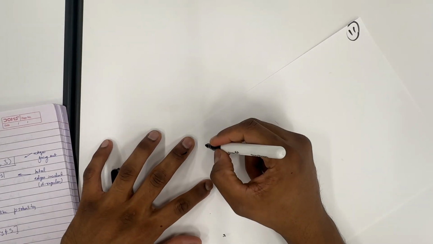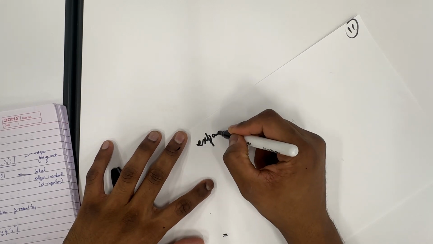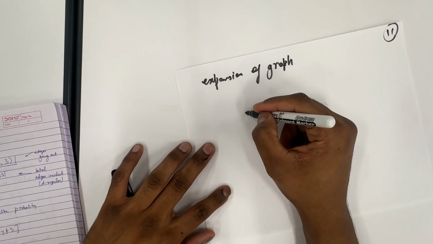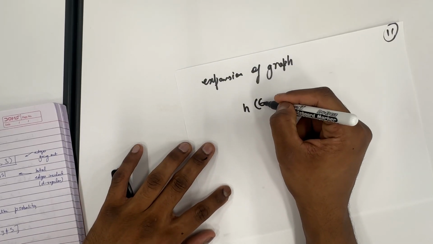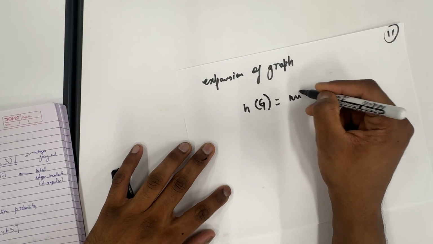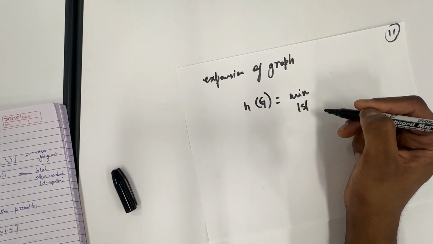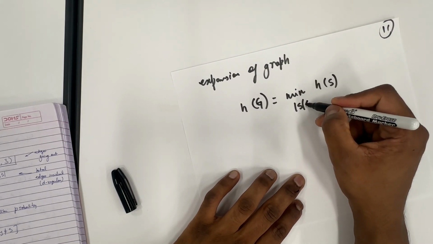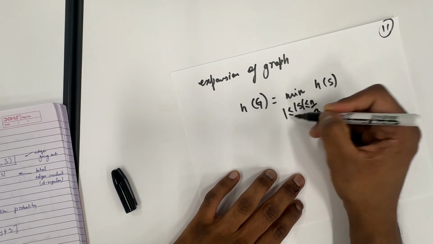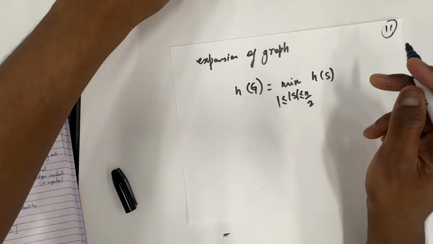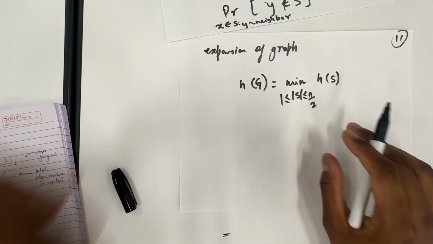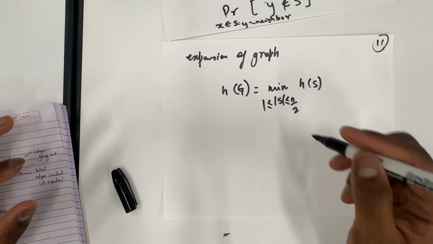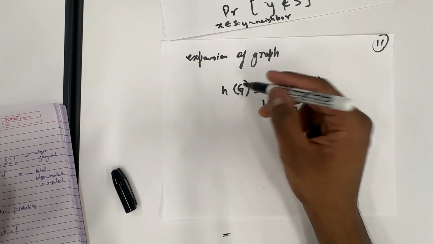So what is the expansion of a graph? H of G is the minimum, basically the infimum, over all sets of H of S. That is the worst possible expander, and if I take any other set, I'm guaranteed to have a bigger expansion than this quantity.